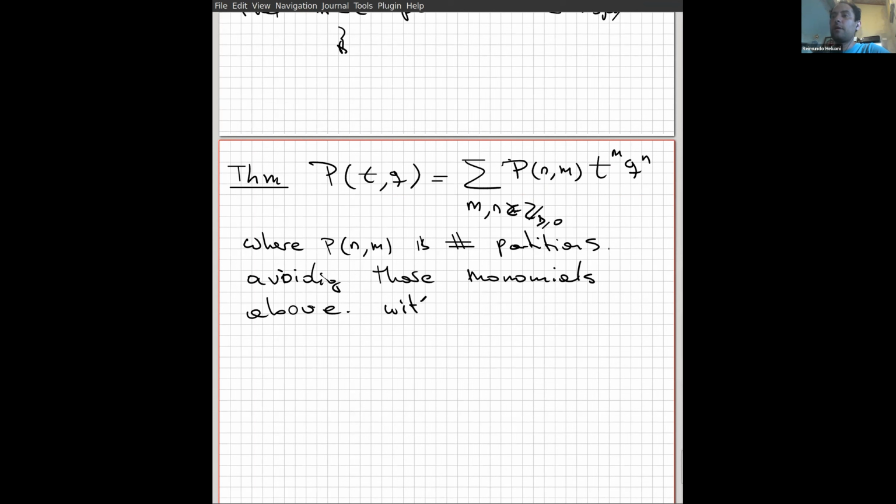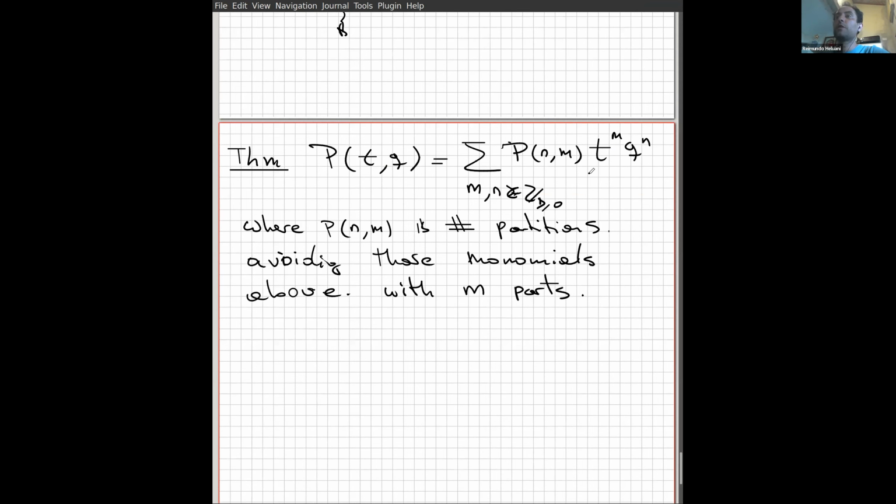With m parts. So it's exactly m parts. This thing satisfies a system of recursive equations that you solve. So that's very simple, and you get this expression. This is called a fermionic sum.